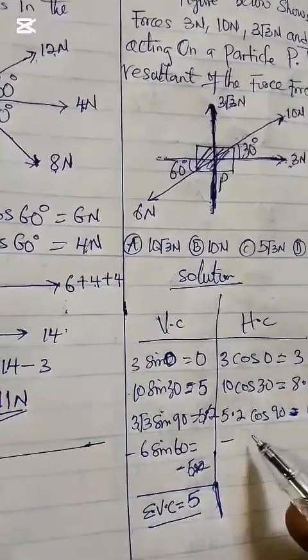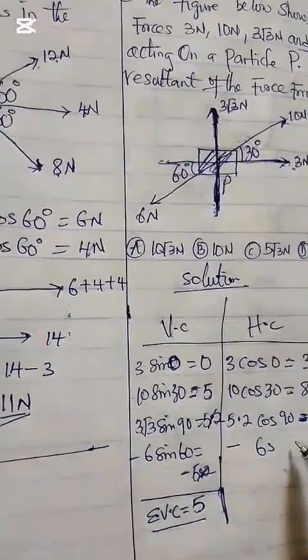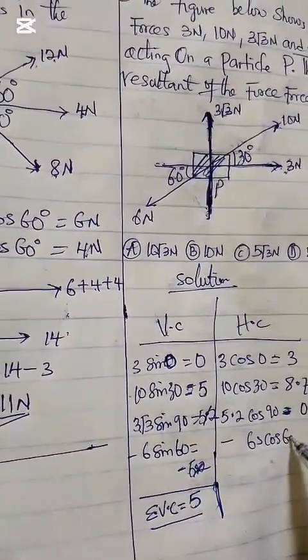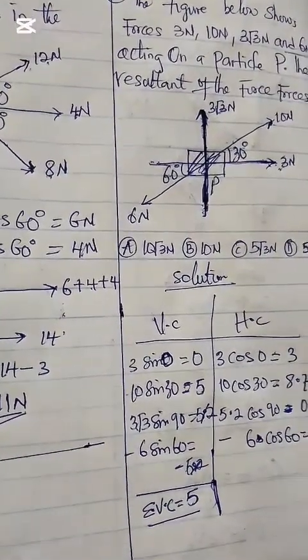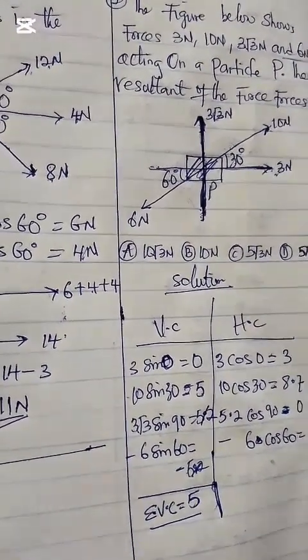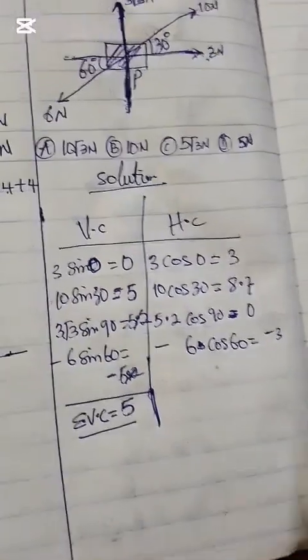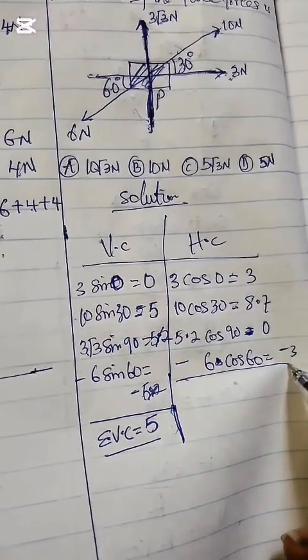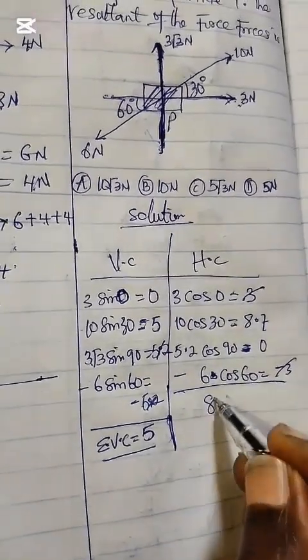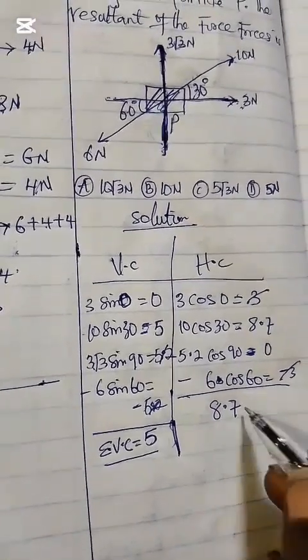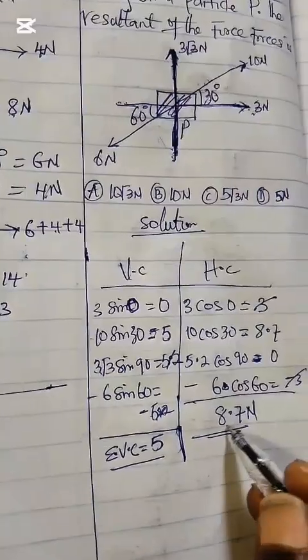So I'm going to have minus 6 cos 60, which will be equal to minus 3. So when I'm done now, I take the summation of the horizontal component. This will cancel out this. What do I have remaining? 8.7 Newton.